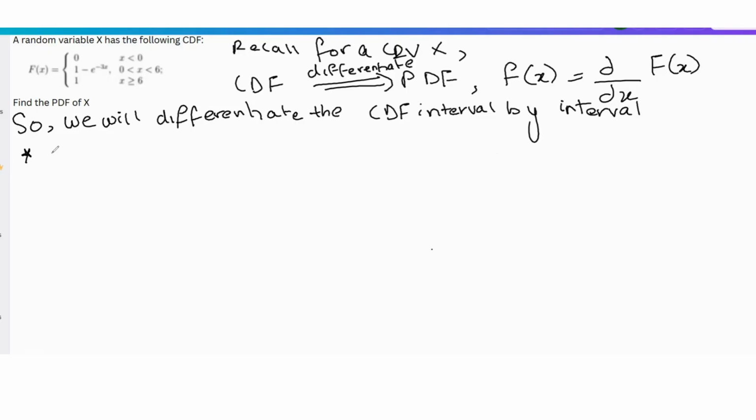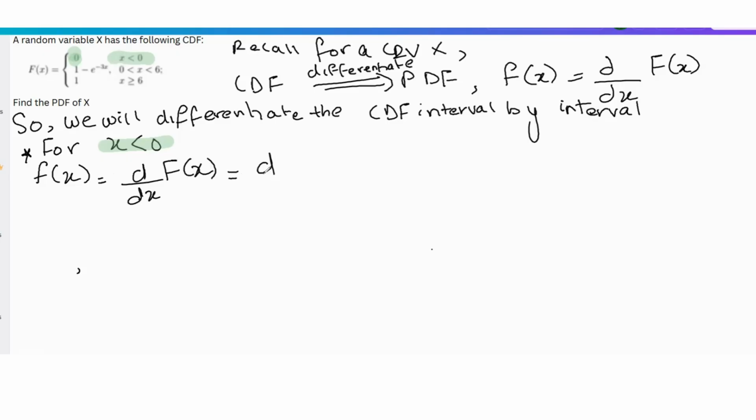So we're going to first do it for x less than 0, the first interval over here. Here the CDF value is 0. So we know the PDF, small f of x, is going to be the derivative of the CDF.